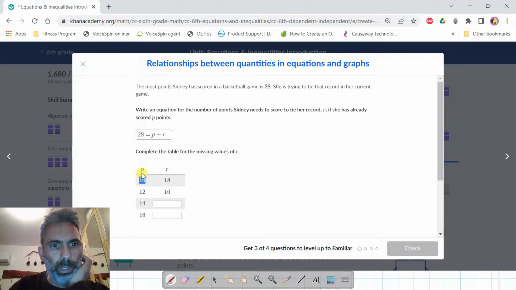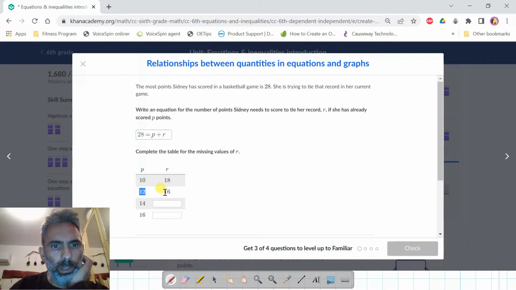So here we see an example. If P equals 10, then R, which is the number of points she needs to score to tie her record, because she needs to get from 10 to 28, which is her record. So R needs to be 18.